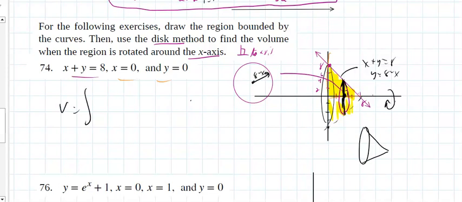Volume would be the integral from a to b of A of x. And in this case, since we picked this perpendicular to the x-axis, that's dx. If it's dx, then we know how that works. We're going to integrate from x equals 0. We know this is going to run all the way through 8.